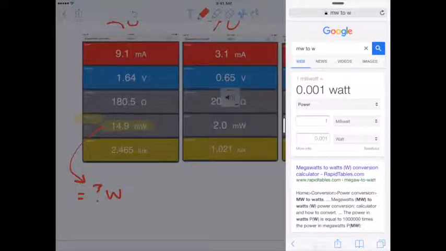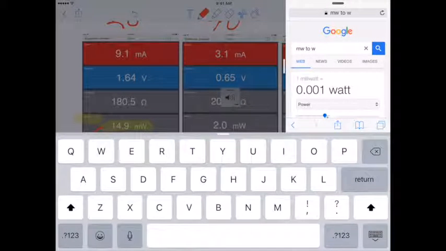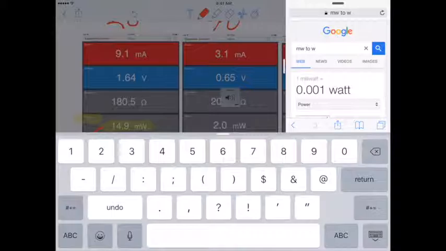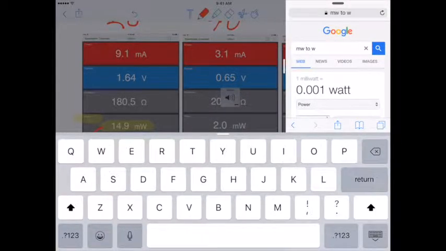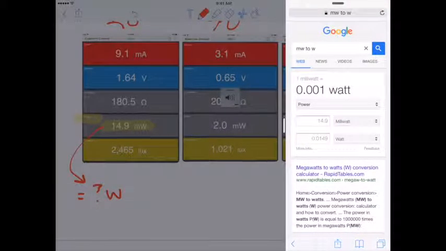All right, so that's pretty straightforward. I'm just going to move the decimal place 3 places, or I can simply use the conversion here. 14.9 milliwatts is 0.0149 watts.